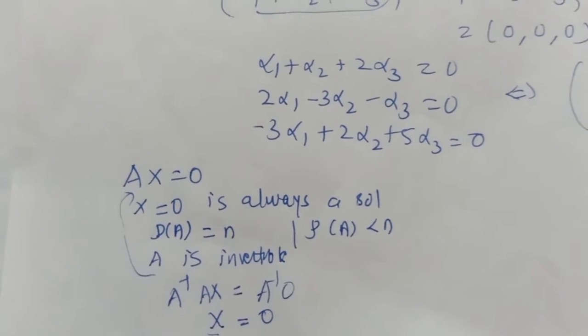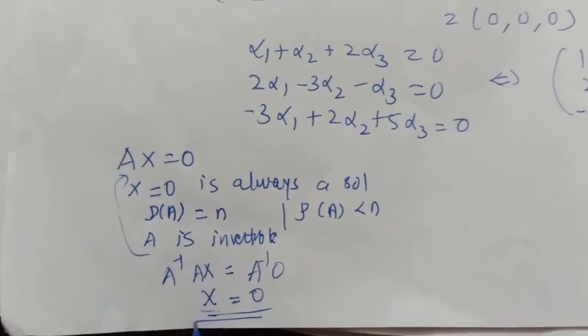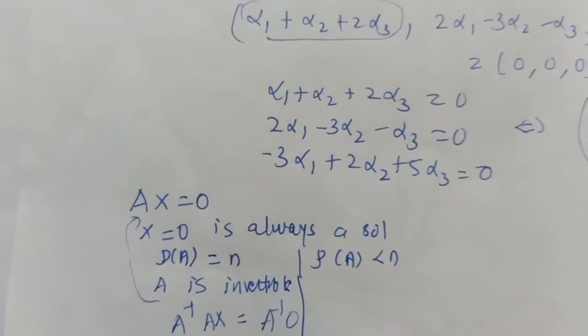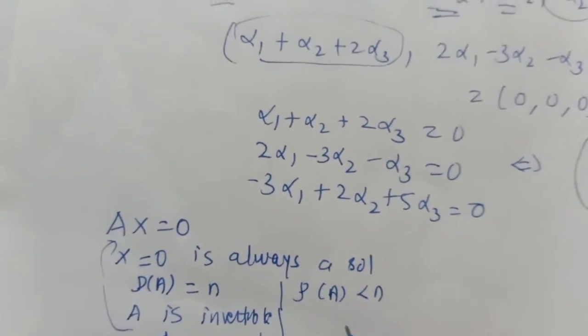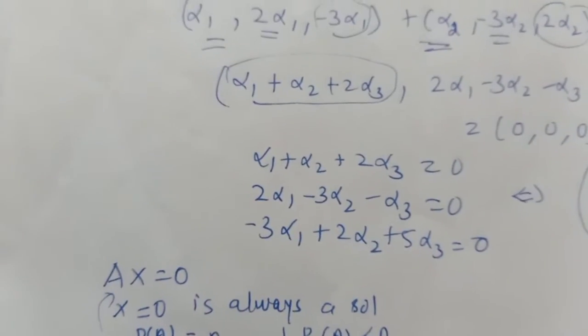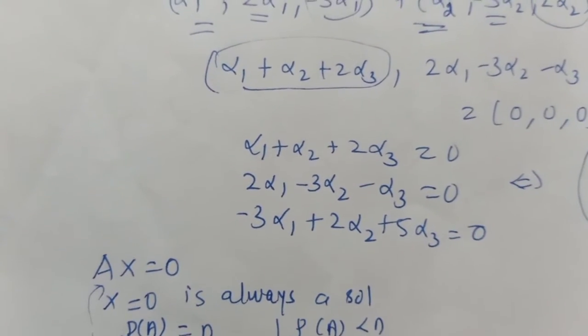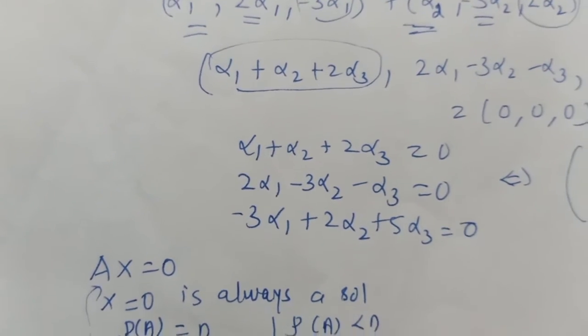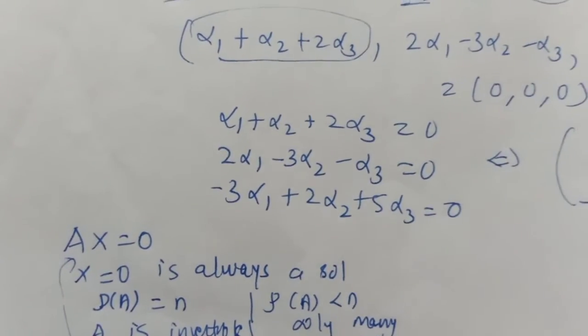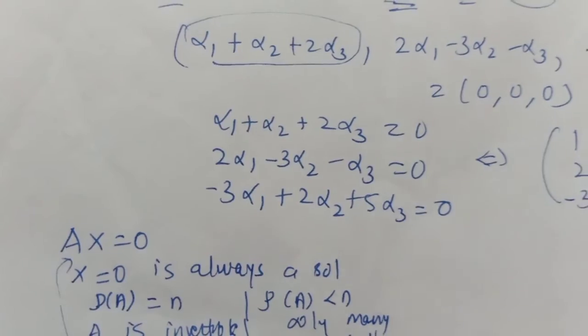So the only solution in this case is the zero solution. And whenever rank of A is less than n, it means there are infinitely many solutions, so of course we can obtain a non-zero solution.